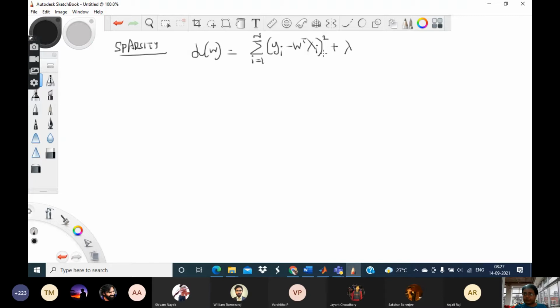Low. So if it is sparse, then this is low. Else it is high.